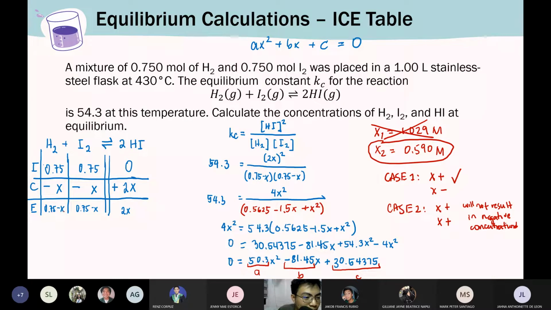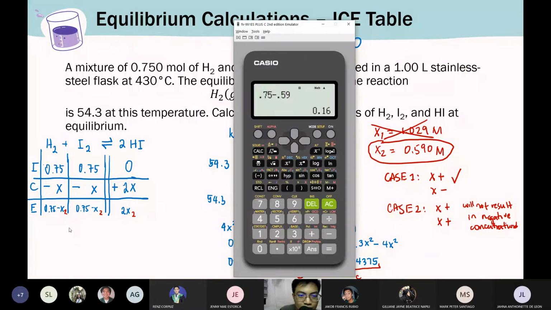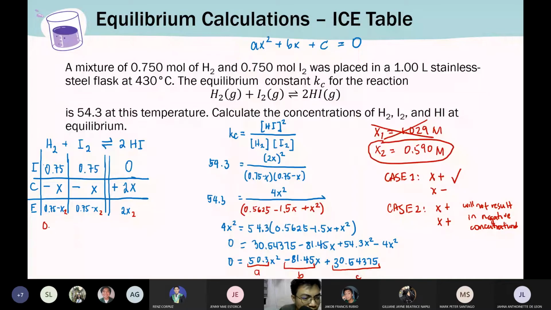So, meaning, if I plug in x2 here, x2 here, and x2 here, my equilibrium concentrations are 0.75 minus 0.59, ang sagot doon ay 0.16 molar. Ito din, 0.16 molar. And then this one will be 0.32.